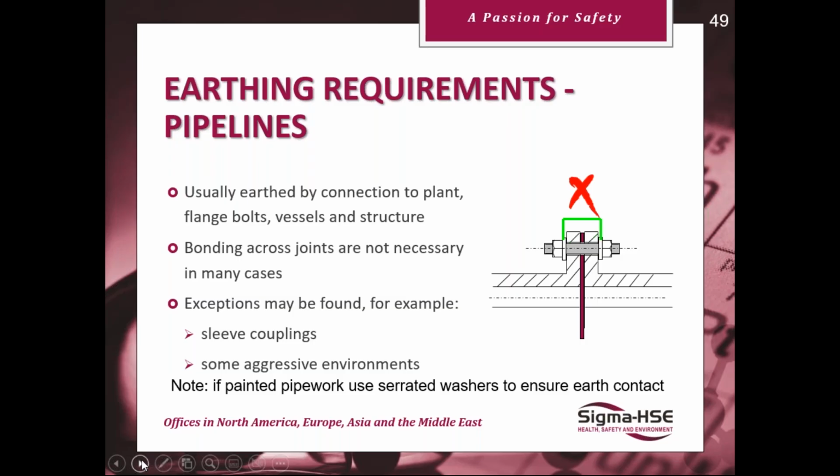Bonding across joints is not necessary in many cases, but you may have sleeve couplings or aggressive, corrosive type atmospheres like near the sea. Don't forget, if you've got painted pipework, then if you are going to use the bolts, use serrated washers so they cut through the paint and make contact. And again, when you've done these things, check it. Make sure you measure R less than 10 ohms.